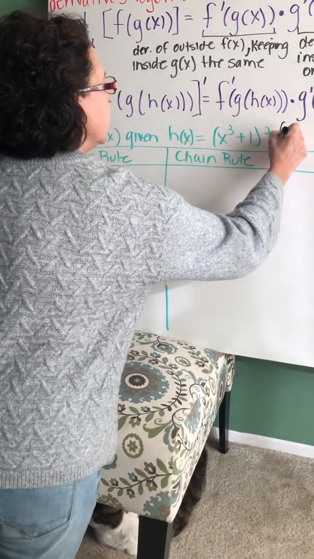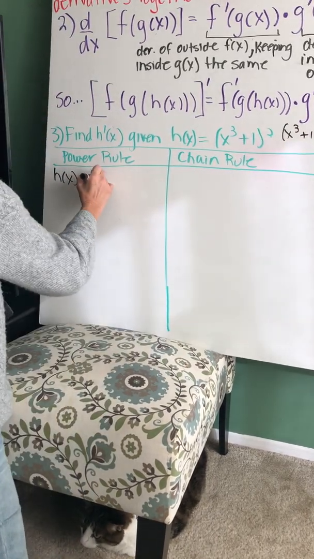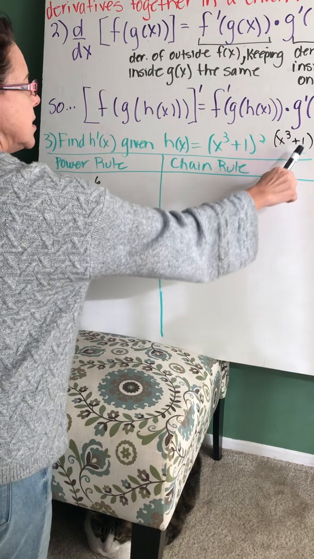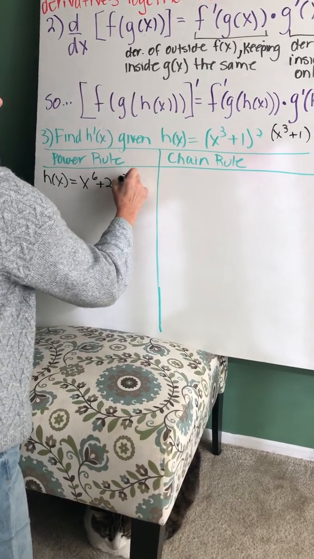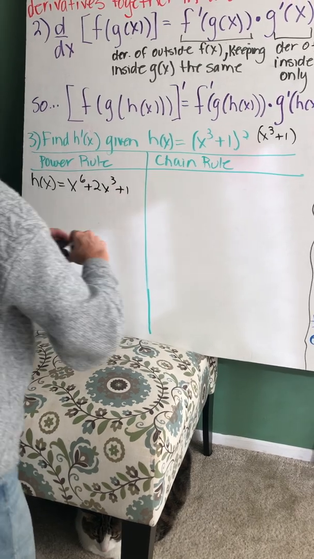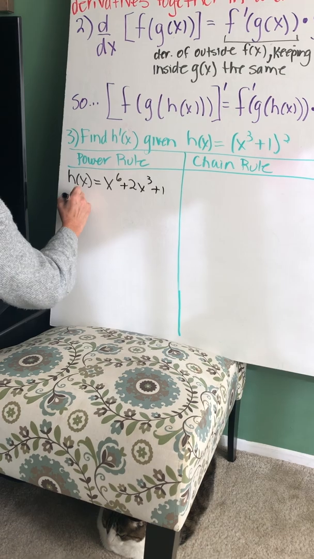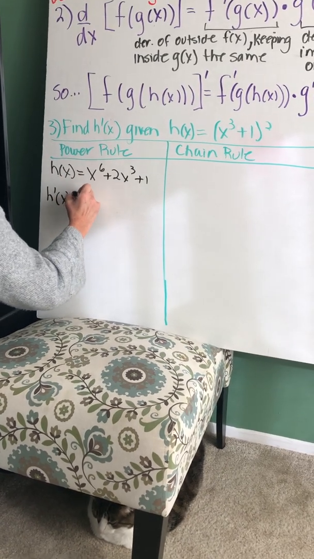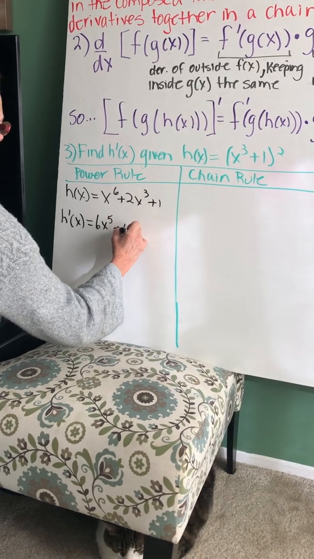I'm going to write that to help myself out. That would be x to the 6th, plus 2x cubed, and then plus 1. Let's go ahead and take the derivative of this with the power rule we know. That would be 6x to the 5th plus 6x squared.